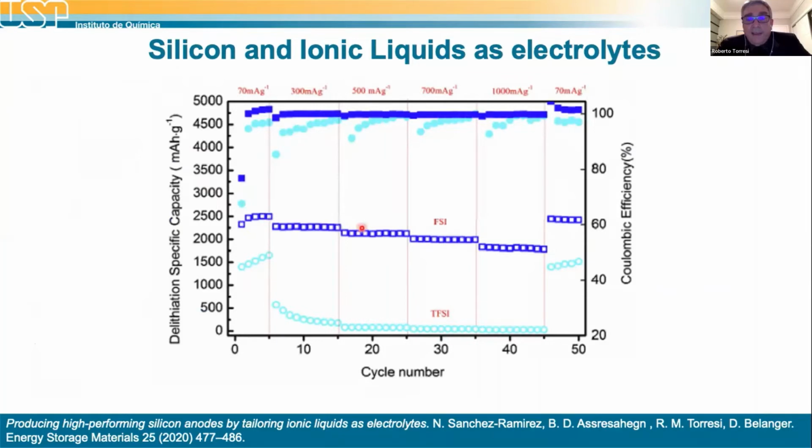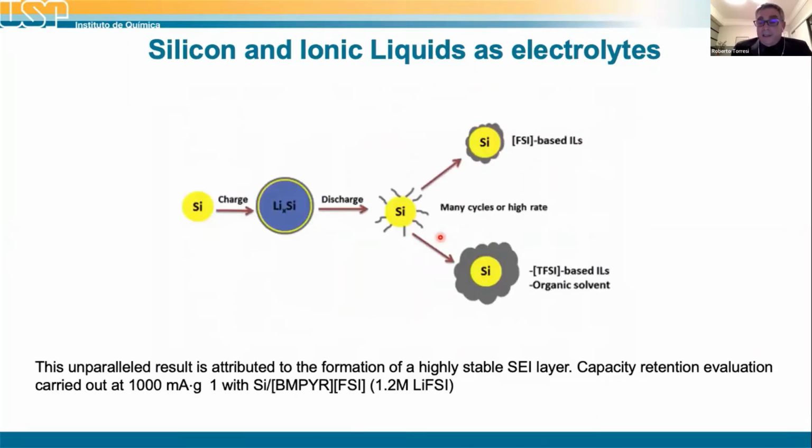When you increase the current that you apply, per gram of course, the capacity when you use the ionic liquid with FSI is really better than the case when you use the TFSI, where it decays almost to zero very fast with the number of cycles, which means that the silicon suffers a very dramatic change when you use the TFSI instead of FSI.